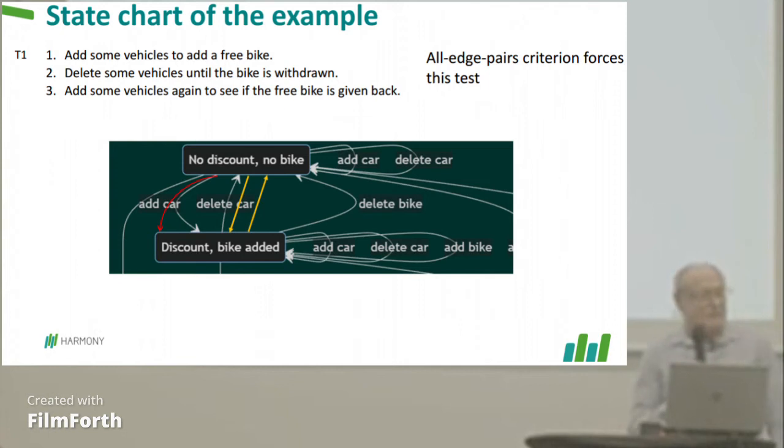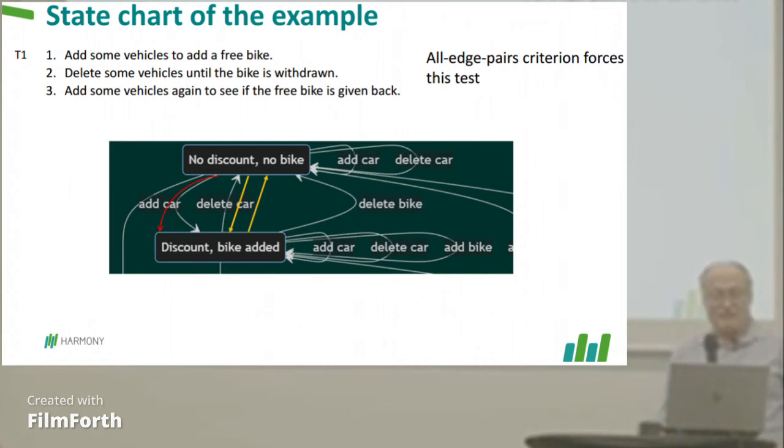So here is the same test case, and I show you that by applying a good test selection criterion, the criterion will force us to cover this test. The test selection criterion is the same, the all-edge-pair criterion, and we should go along each transition.